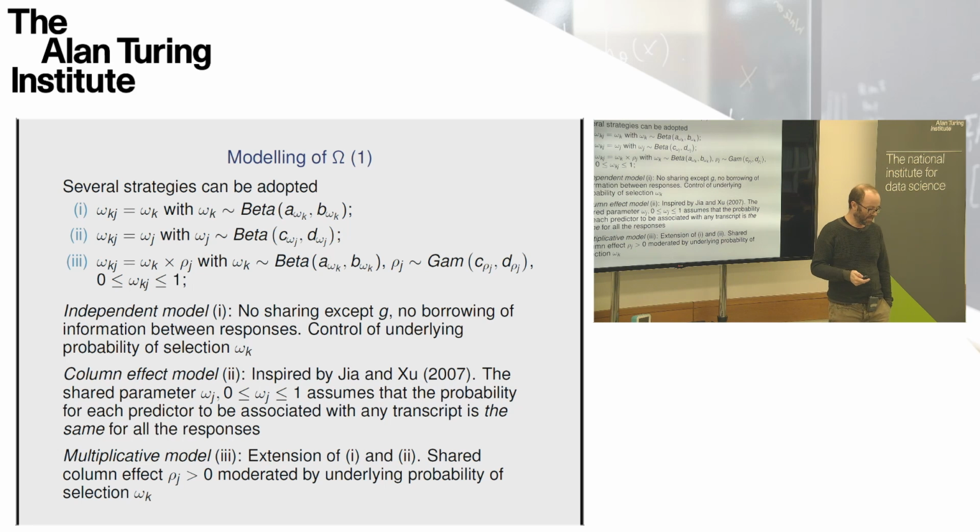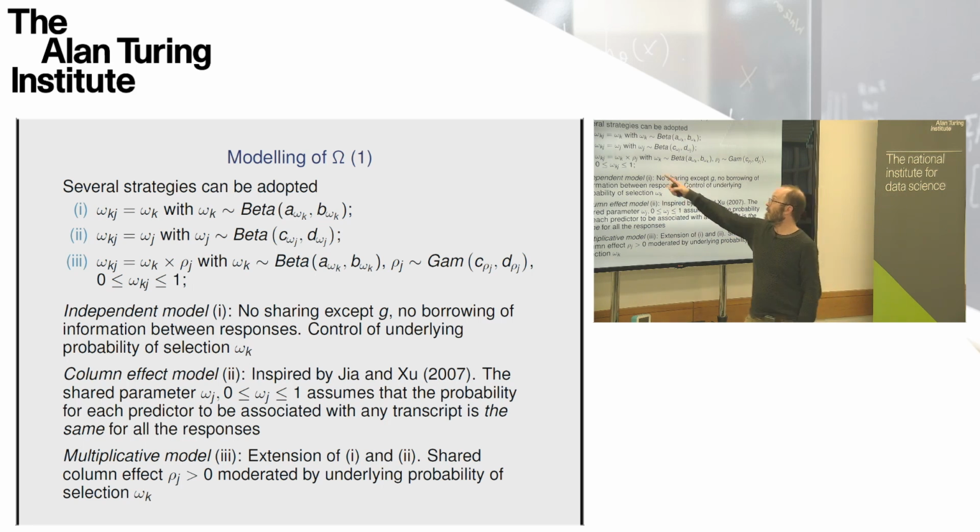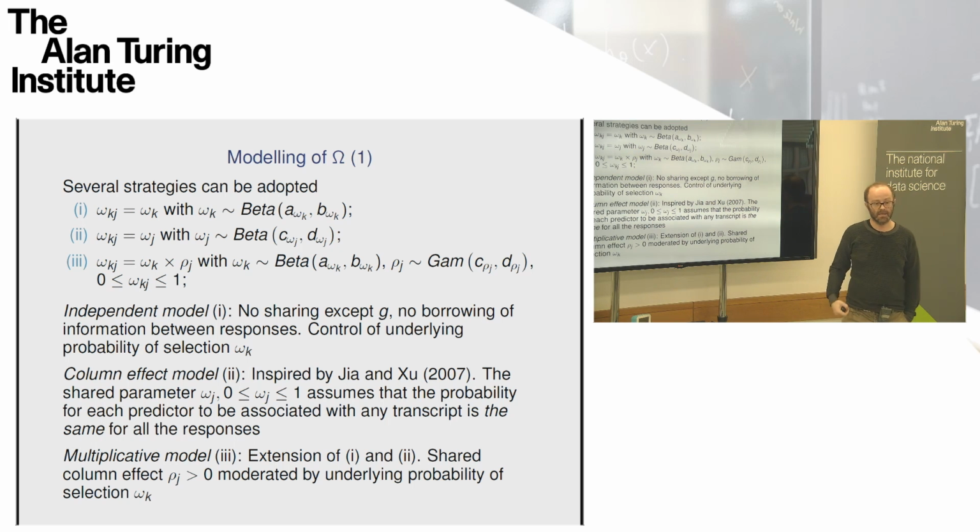The first specification, number 1 on the top, says the prior probability that there is an association between the jth predictor, the jth element of your DNA, and the kth transcript, the kth gene, is simply omega k. So you see that there is no influence by the jth predictor. They are independent for each outcome.